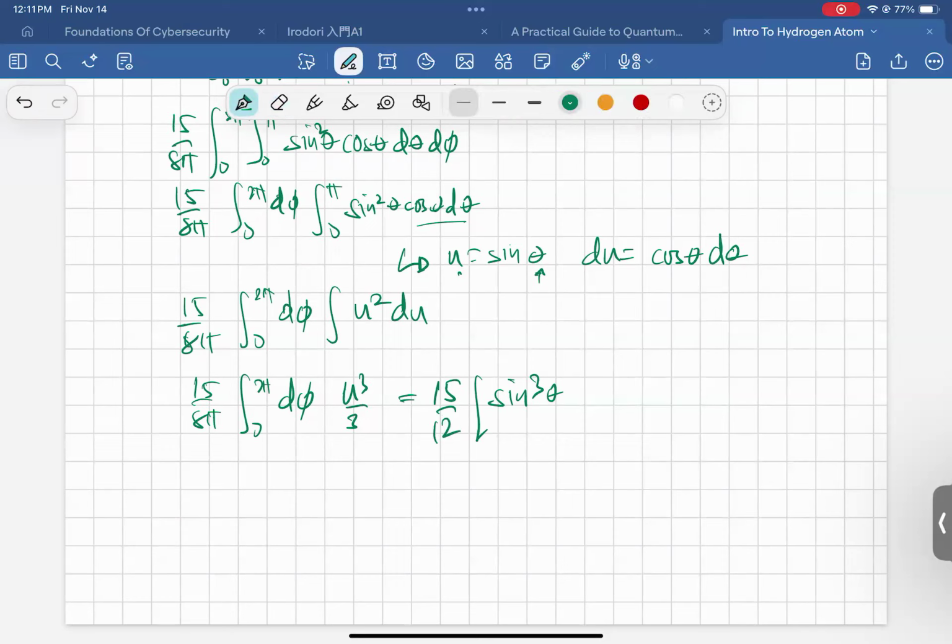Pwede natin i-divide by 3, so we have 5 over 4, sine cube evaluated from 0 to pi. Anong ibibigay sa atin ito? This will give us 0.